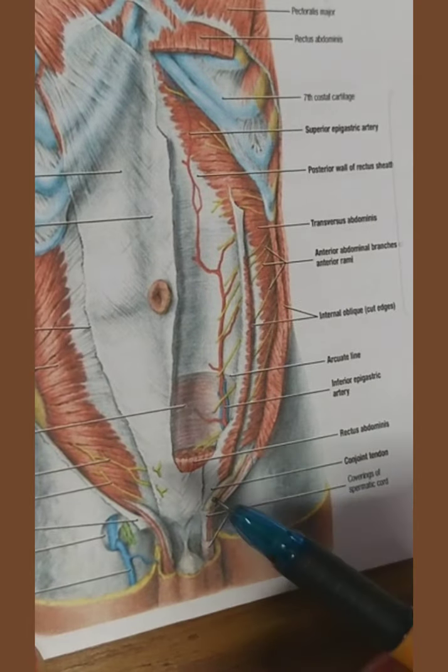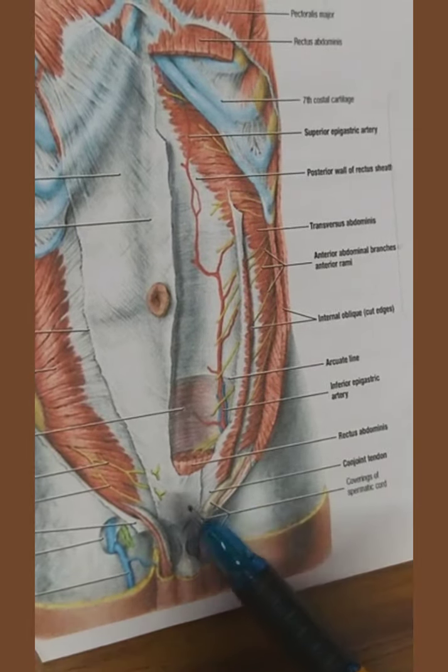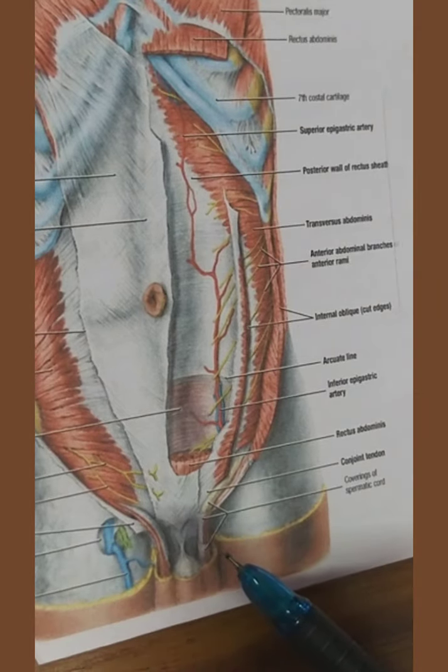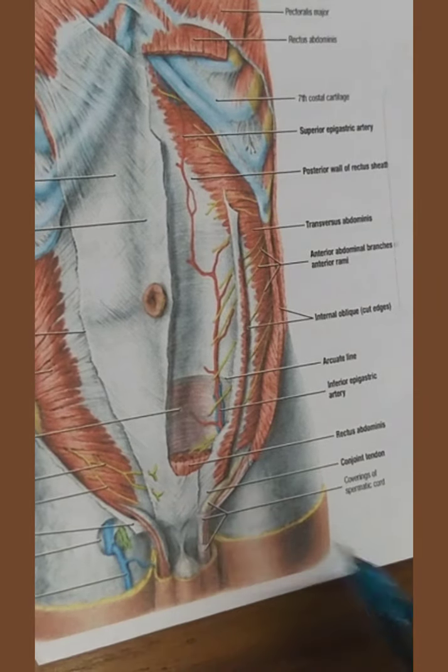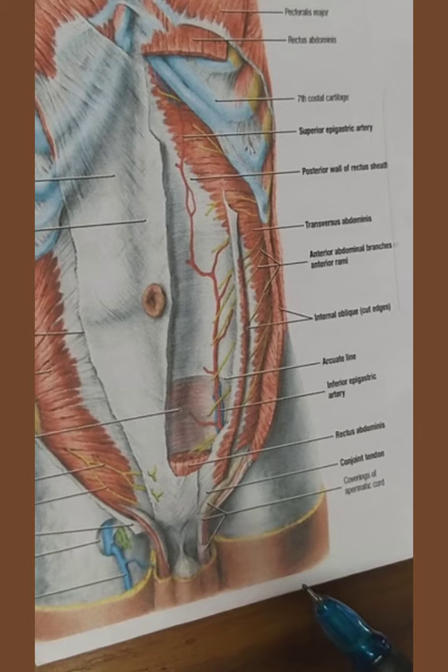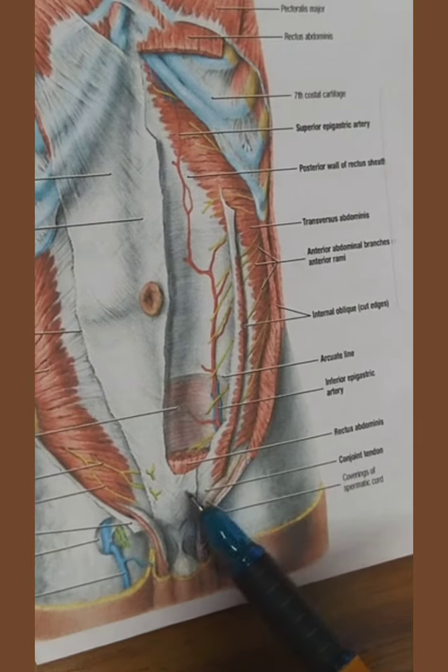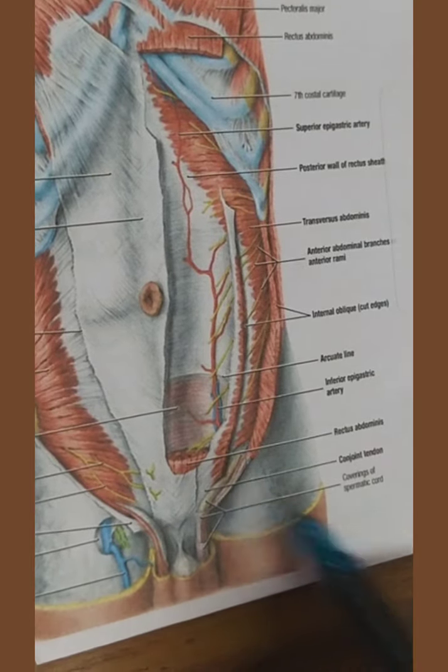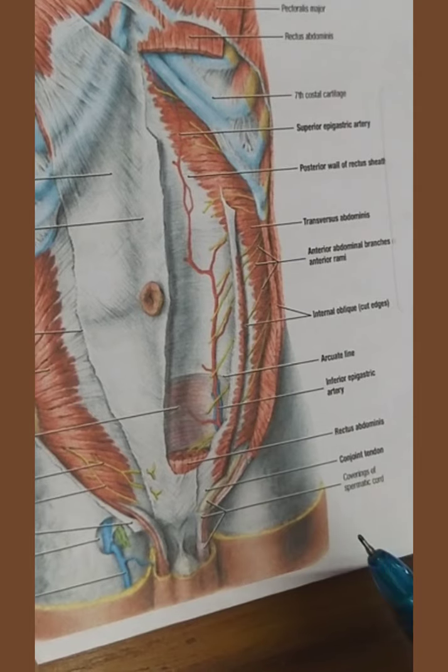So, the fusion of the aponeurosis of the inguinal fibers of the internal oblique and the transversus abdominis here, they form the conjoint tendon.